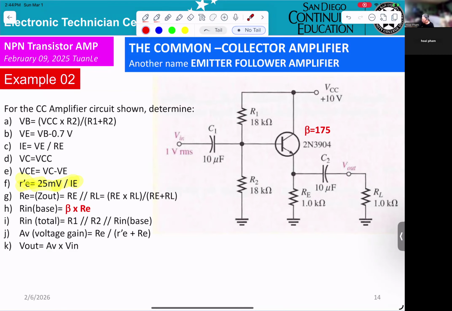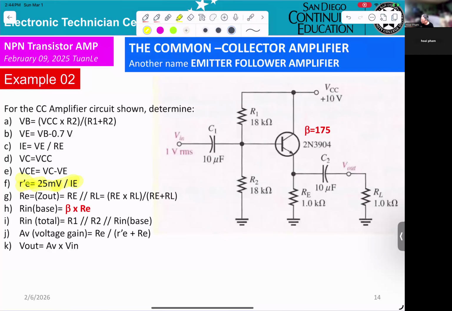In here, using RE, they will be equal. This resistor and this resistor in parallel. Okay, that is output impedance. And R in total is R1 parallel R2 and parallel R in base.